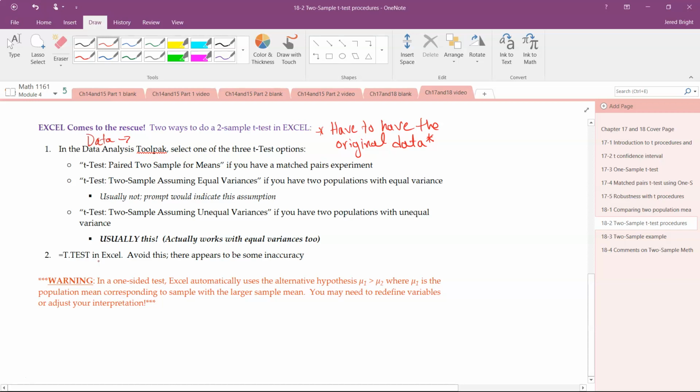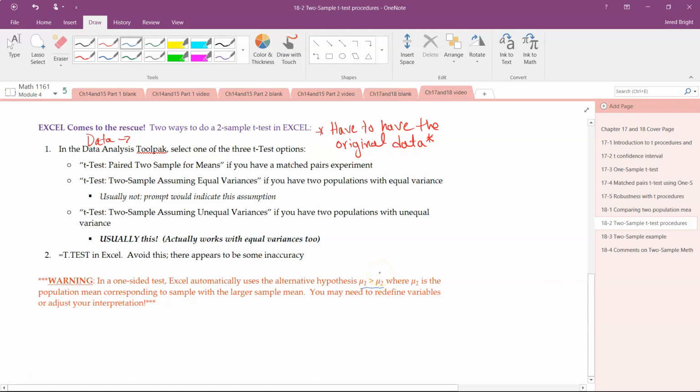Okay. And then the other thing just to mention is that when we're doing a one-sided test, and we'll see this in the next example, Excel automatically calculates your alternative hypothesis as mu1 is greater than mu2, and then it actually assigns, despite the variable's naming, the name mu1 based on whichever sample mean is larger.